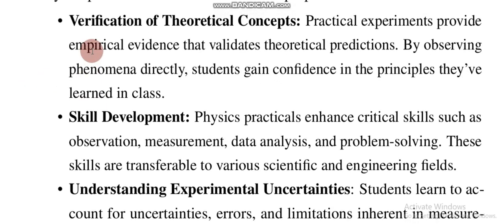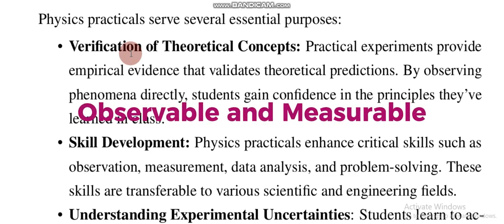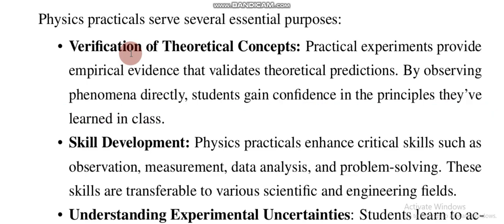Empirical evidence has some characteristics that you should know. Let me mention a few of them. The first one is that empirical evidence is observable and measurable, meaning you can observe it, you can also measure it.